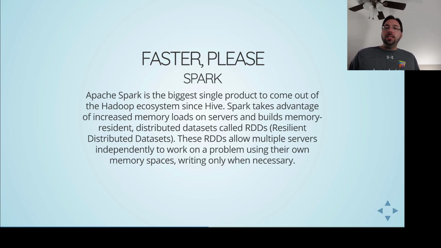The reason is Spark ends up being way faster than MapReduce. Ideally, all Spark operations happen strictly in memory, and we use a concept called resilient distributed data sets in order to facilitate that. So these RDDs allow multiple servers to process the same data set in smaller chunks in memory independently of one another.